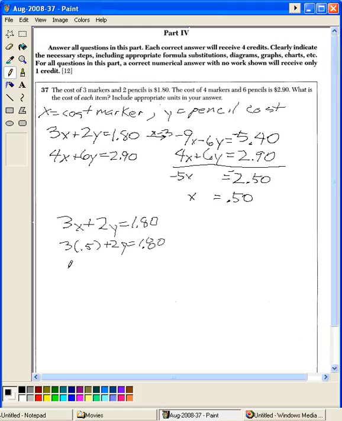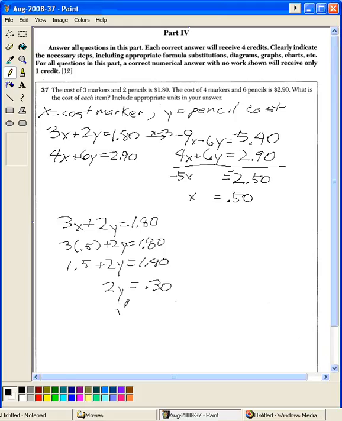Half of 3 is going to get me 1.5 plus 2y, which is going to get me $1.80. Let's see, subtract 150 from both sides, and looks like I'm going to get 2y is equal to 30 cents left over here.